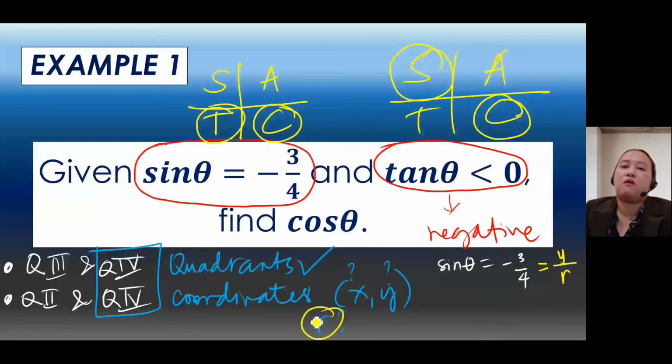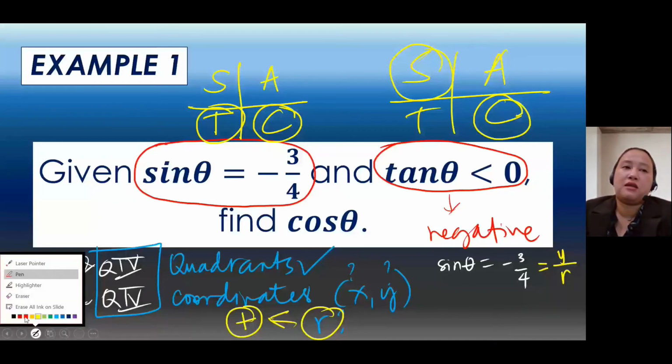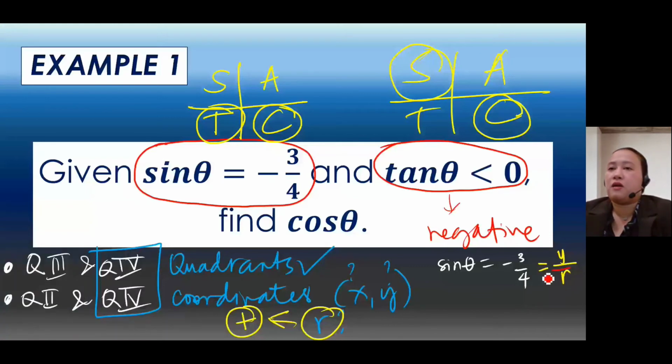Always remember that r, the hypotenuse, is always positive. We have a negative here, and we do not know if the negative is with 3 or with 4, since only one number should have the negative.